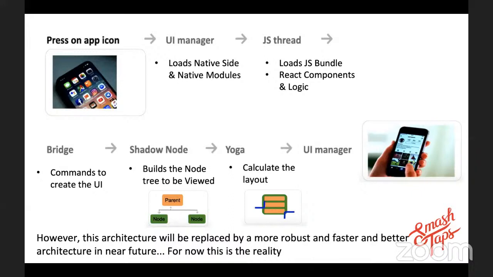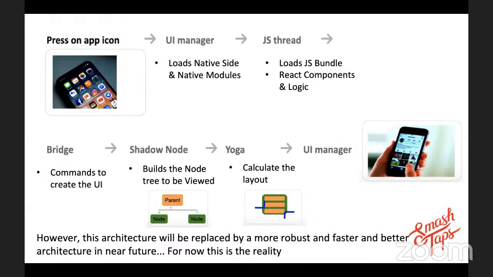Before starting the JavaScript compiling and other stuff, it loads the native side from the host machine. Then it goes to the JavaScript thread, which loads the JS bundle, the minified and transpiled JS bundle, and all the React library and logic is bundled with this JavaScript thread.